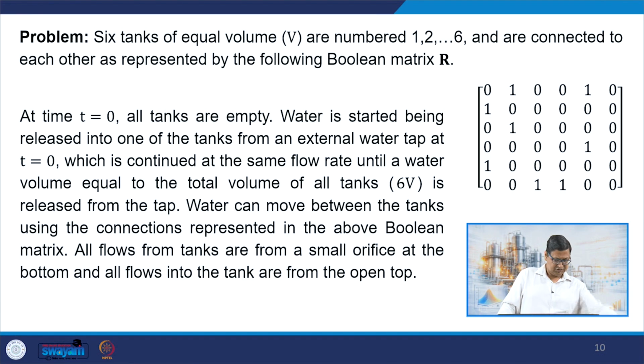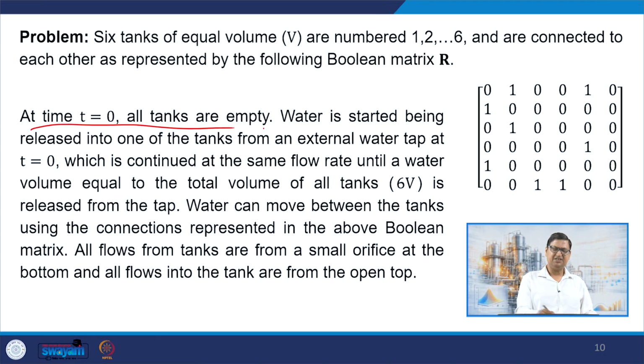Okay, so just to take a simple case, we have 6 tanks of equal volume, and I'm numbering them, let's say 1 to 6, and they are connected to each other by some kind of a Boolean matrix, right? In the chemical plant, you can imagine these tanks correspond to different units of a chemical process, but this is a much simplified picture.